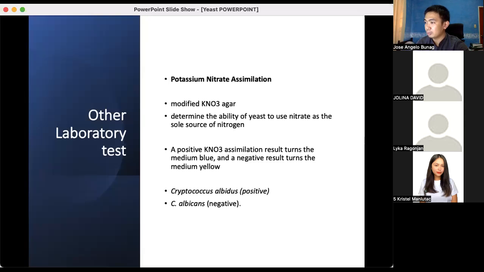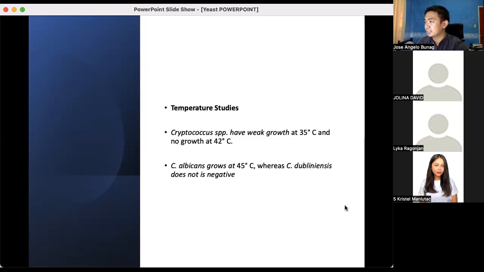The positive control is your Cryptococcus albidus, and your negative control is your Candida albicans. And you could also perform temperature study. Yung mga Cryptococcus po natin has a weak growth at 35 degrees Celsius, and they do not grow at 42 degrees Celsius.